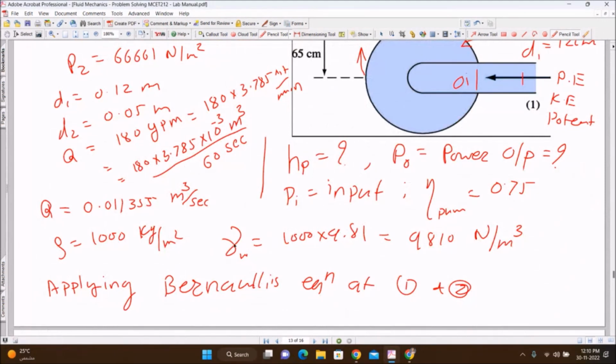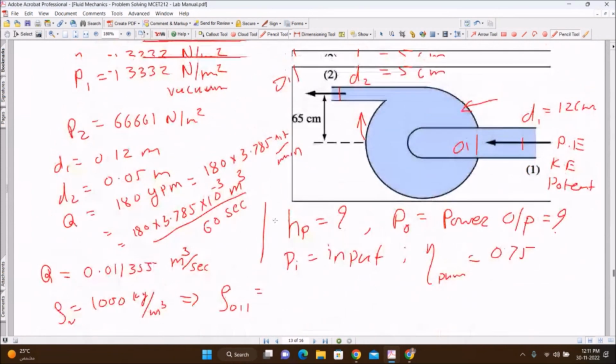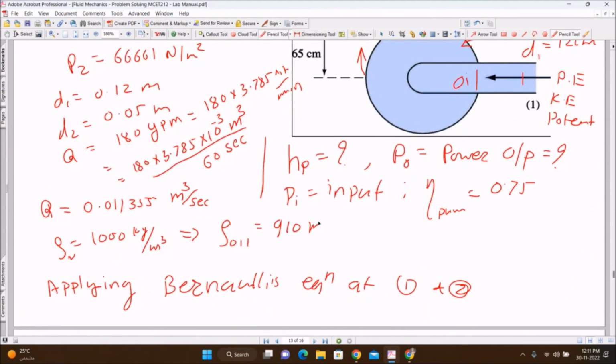So density of mercury is given here, so this is not needed. So density of water is given as 1000 kg per meter cube. So this will give me density of oil, that is specific gravity into 1000, 0.91 into 1000, 910 kilogram per meter cube.